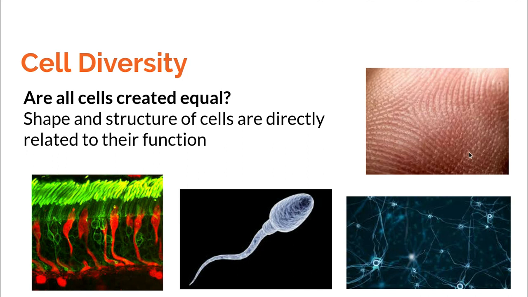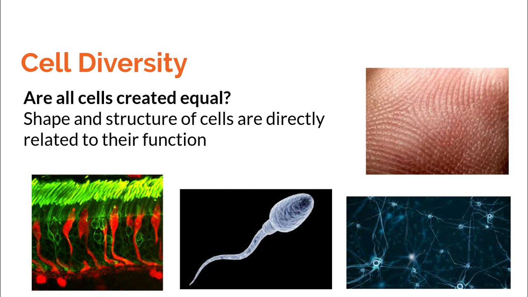Taking a look over here, we've got a picture of our skin, some zoomed out skin cells, probably on the palm of someone's hand or maybe a finger. So when we're looking at skin cells, they are flat cells that are kind of like plates formed together. So skin is meant to help to protect our internal organs, prevent pathogens and diseases from getting inside our bodies.